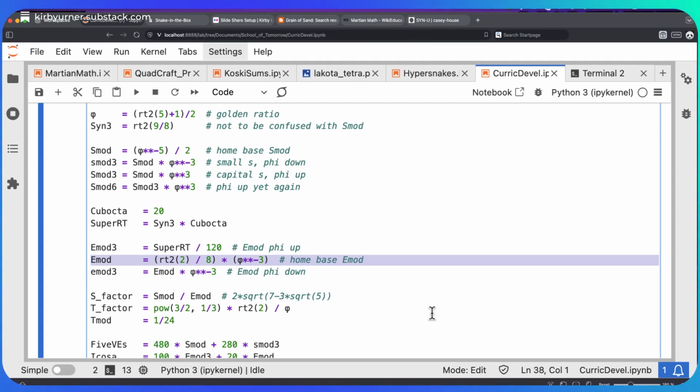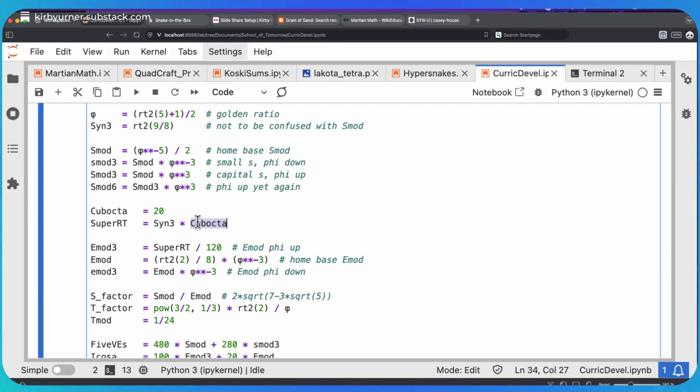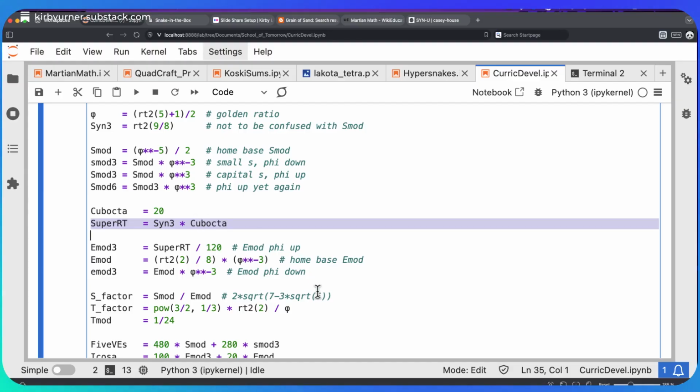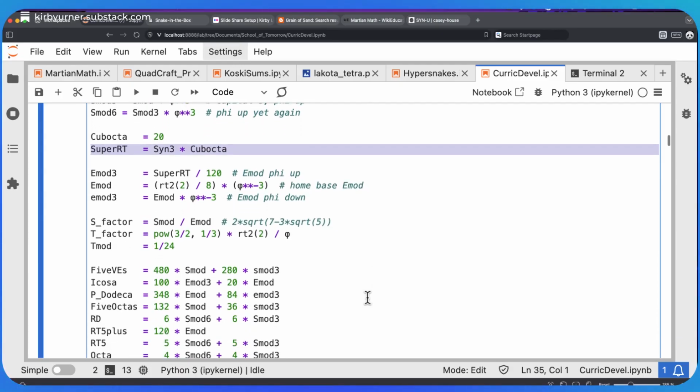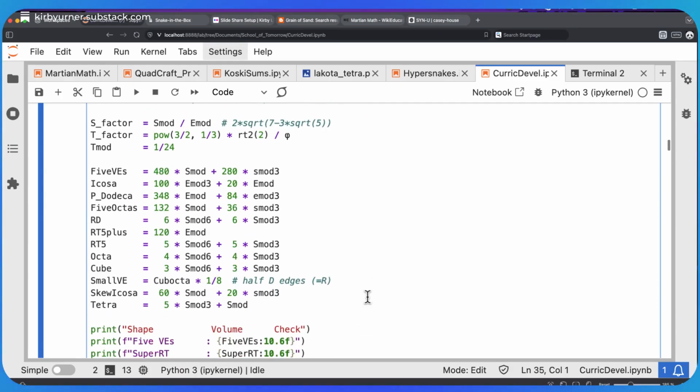Even phi gets into the expression for the E module, partly because we're starting with the super RT and shrinking it down to get this particular E module. And then we build up all our volumes from the S and the E pretty much.